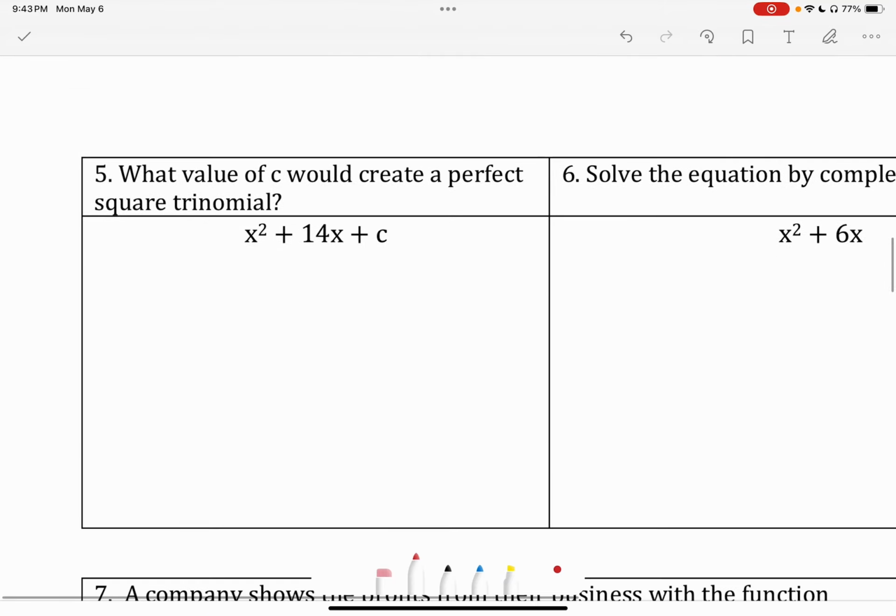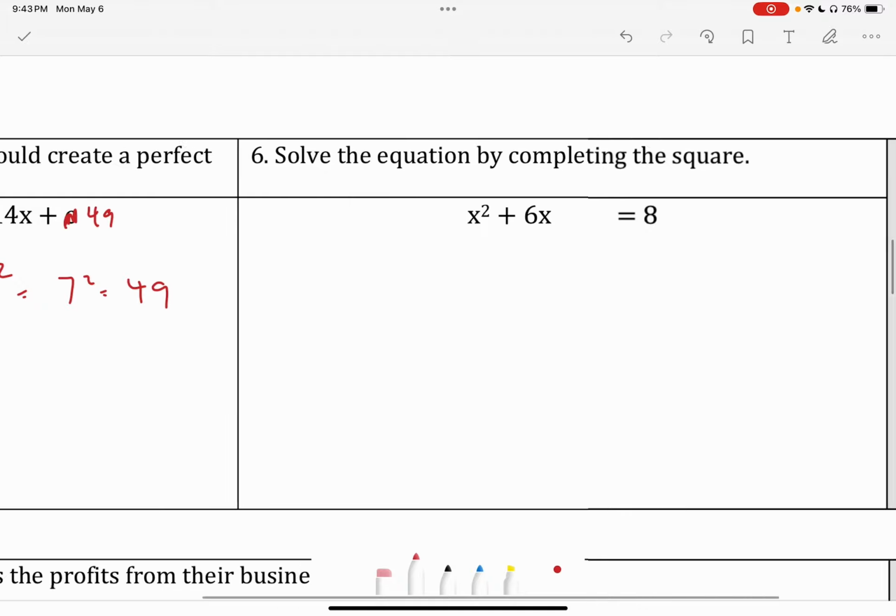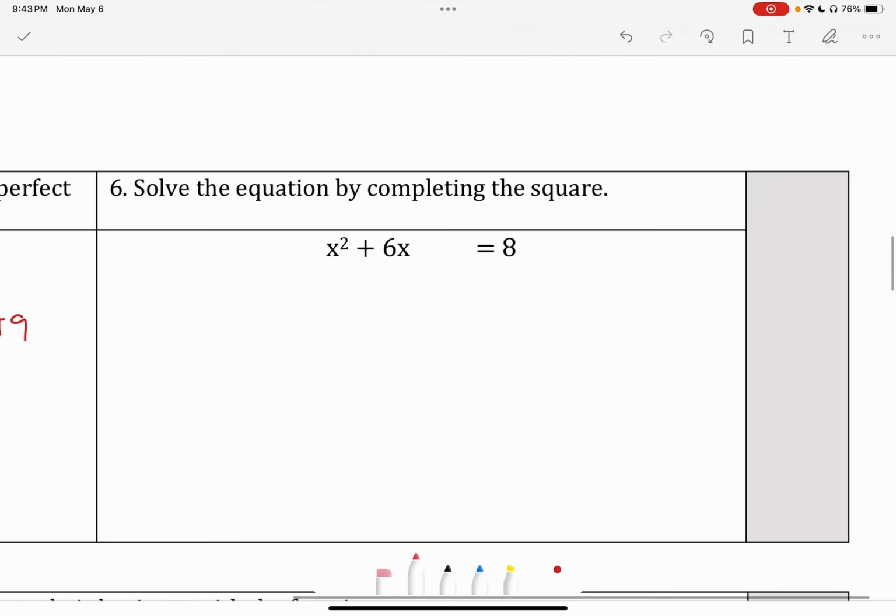What value of c would create the perfect square trinomial? We take our b value, divide it by 2, and square it. So 14 divided by 2 is 7, and 7 squared equals 49. So if we needed to create a perfect square trinomial, we would put a 49 there, which is what we'll do in 6. We're going to solve this by completing the square.